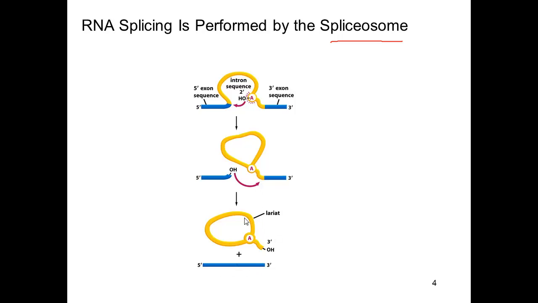The two exon ends are joined, and now you have a spliced boundary region of your mRNA.